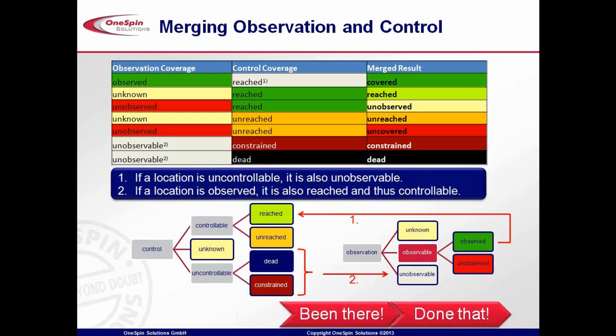There are a lot of different combinations, but I will go all the way to the end. If we cannot control a line, so it's redundant, dead, or constrained, we definitely cannot observe it either, because there is no way to get there anyway. This slide mainly gives a comparison and shows how to merge those two.